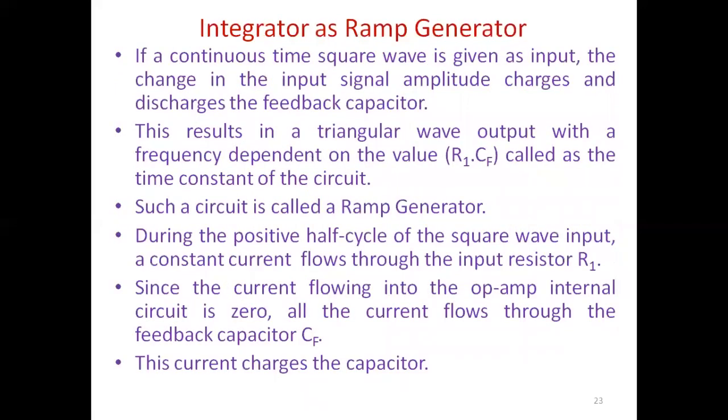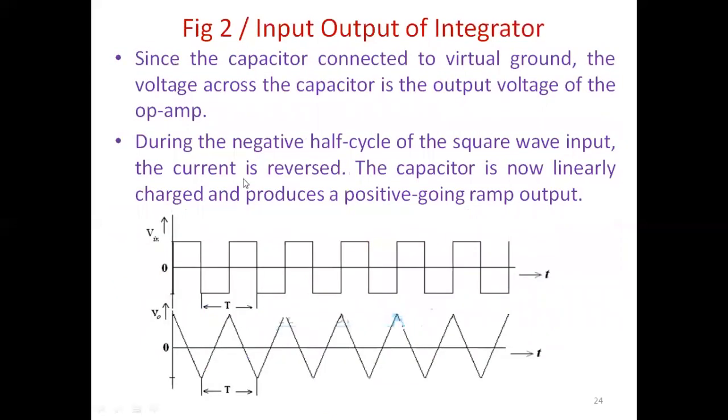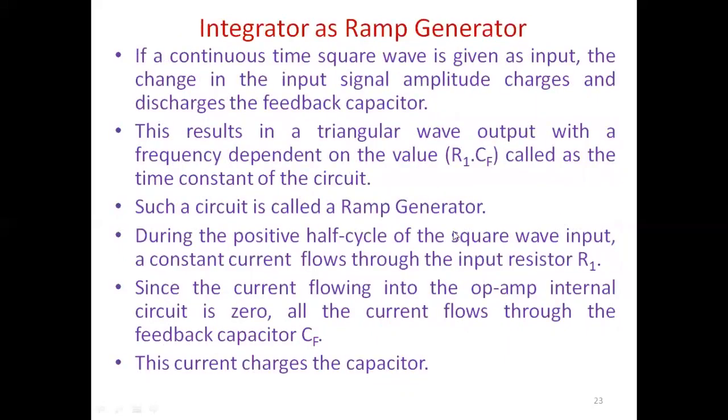Integrator as a ramp generator. We can convert integrator into a ramp generator. For example, if a square waveform is given like this, a triangular waveform will be generated at the output terminal. If a continuous square waveform is given as input, the change in the input signal amplitude charges and discharges the feedback capacitor.